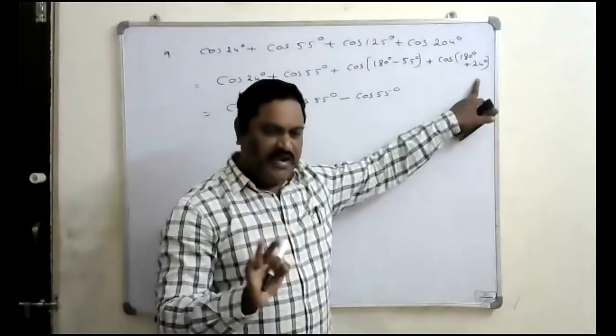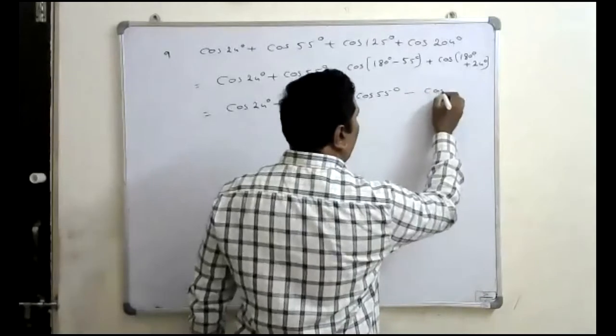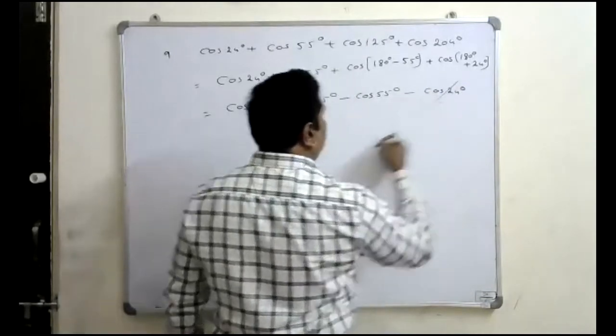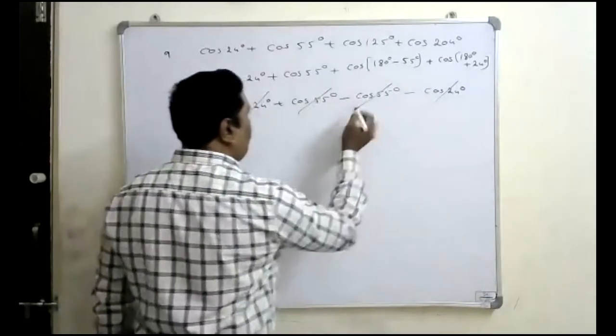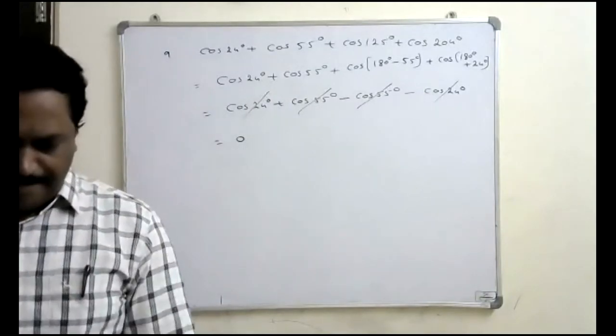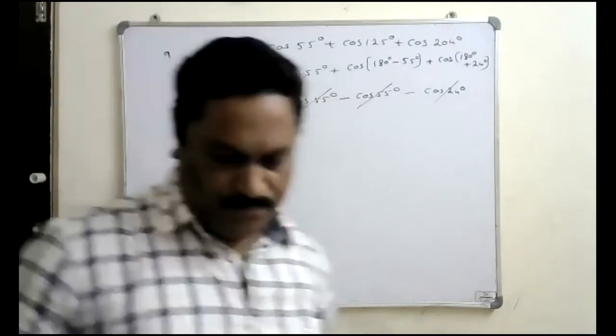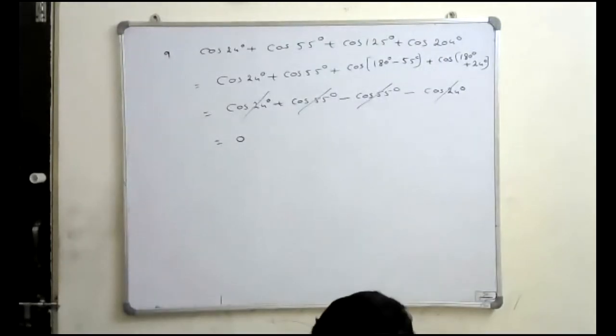In the third quadrant cos is negative, which means this is equivalent to minus cos 24. Cos 24 is getting cancelled, cos 55 is also getting cancelled. So the answer is 0. Done. Next.